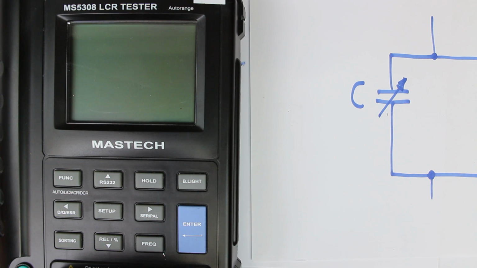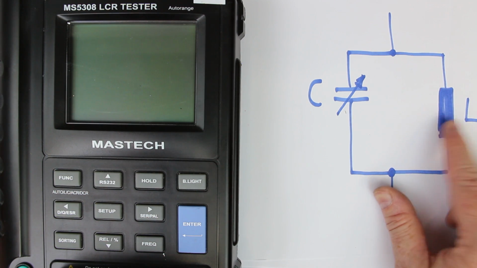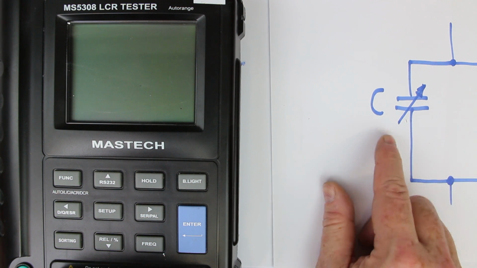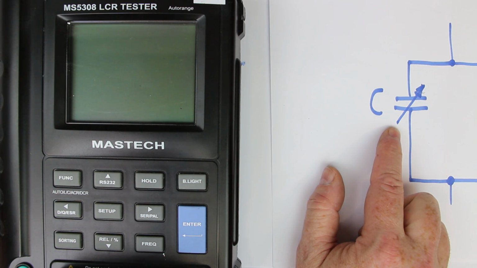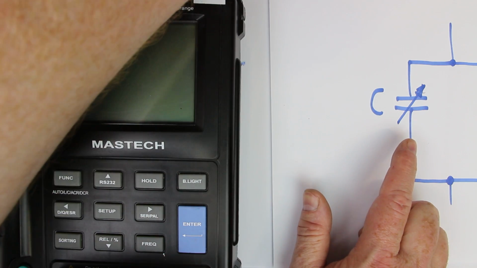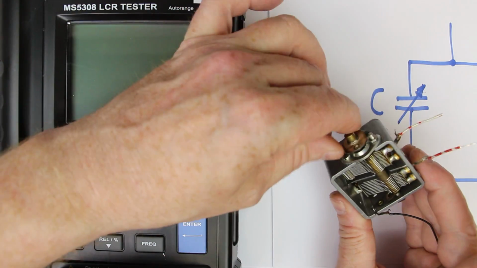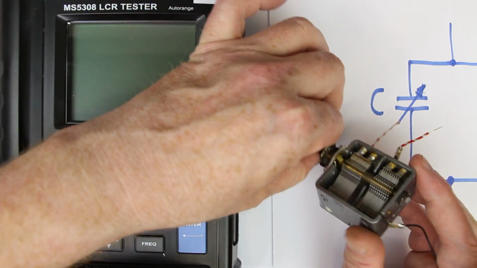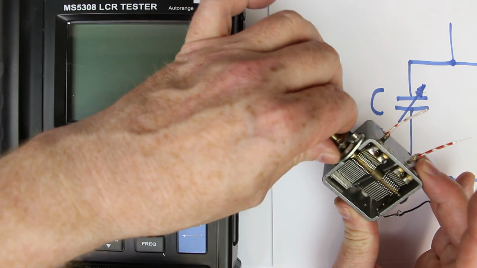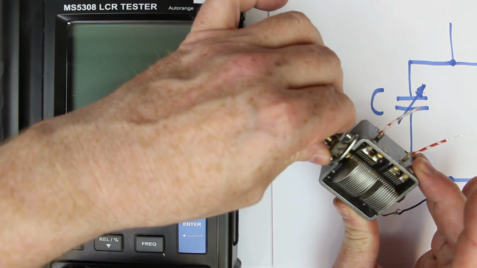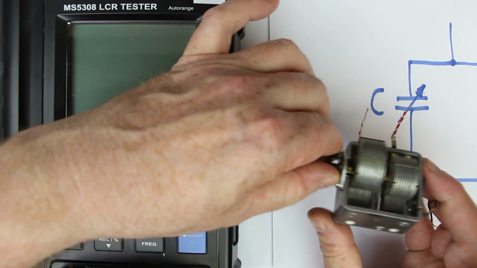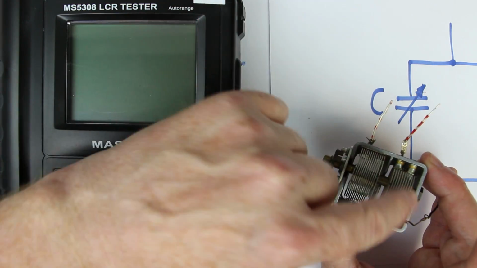So instead of using a variable inductor, it's much more common to use a variable capacitor, usually of the rotary type. This is one I brought from my collection at home of old variable rotary capacitors. You can easily see how it works. You have two plate packages.